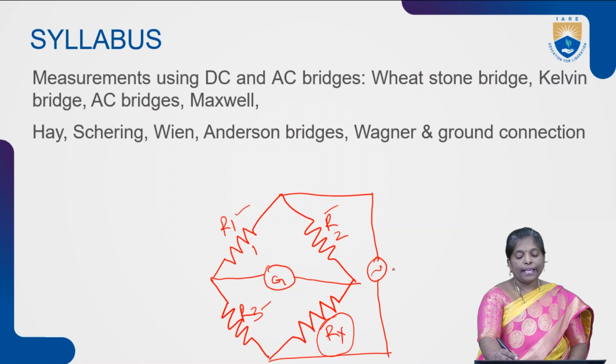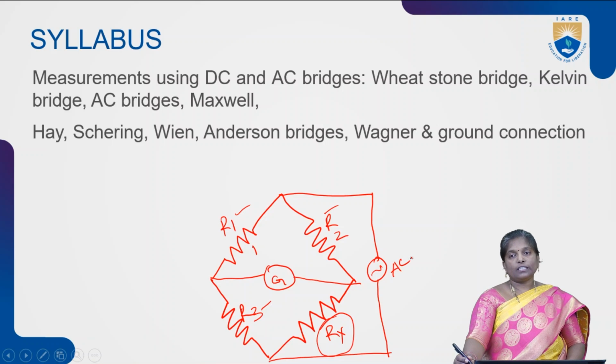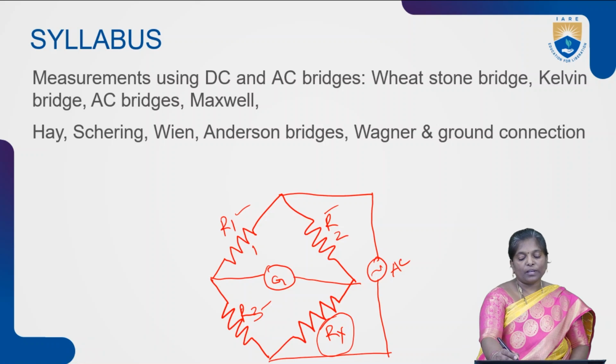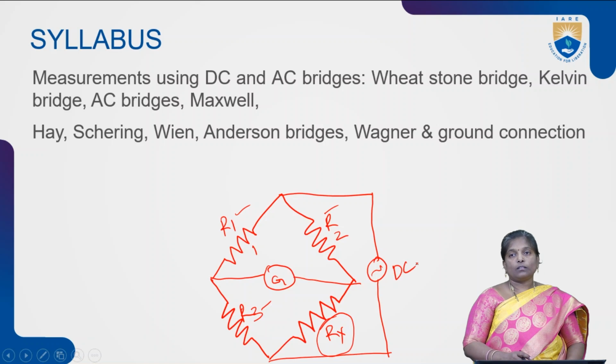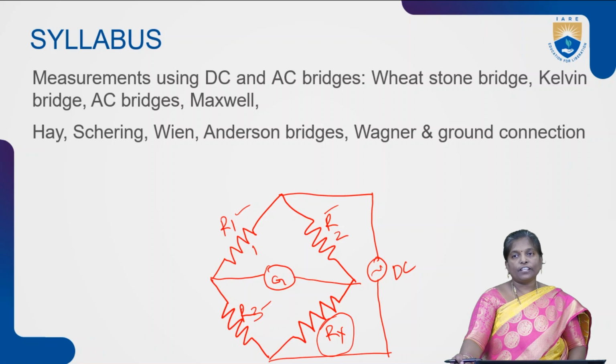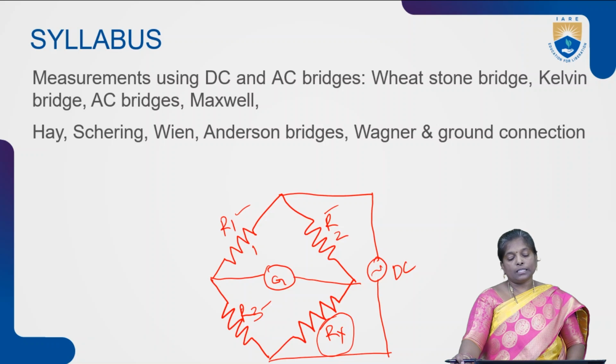If you apply an AC input, then it is an AC bridge. If you apply a DC voltage here, then it comes under DC bridge. The DC input voltage is given to DC bridges, whereas AC input voltage is given to AC bridges.